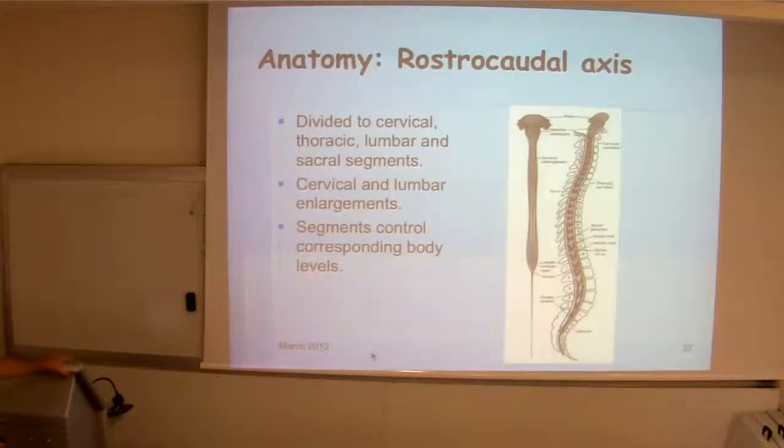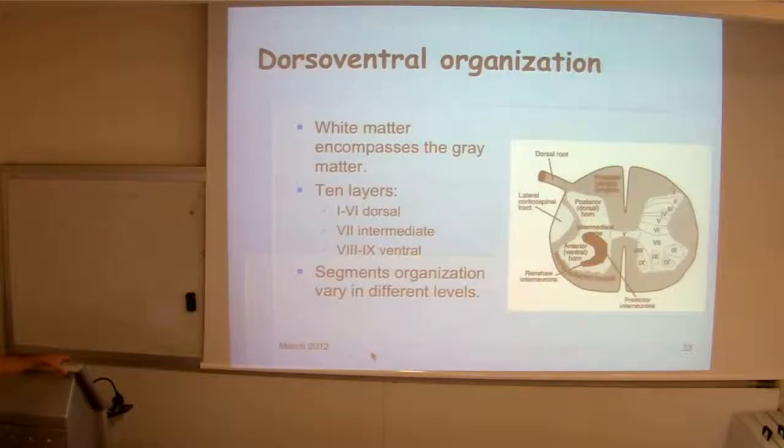It's partially because somewhere in the middle of the body you have to have a lot of fibers, some going all the way down, some going all the way up. Toward the end, you don't have so many fibers going up and down, but you have motor neurons that have to control the limbs, and they are bigger, and you need more of them.